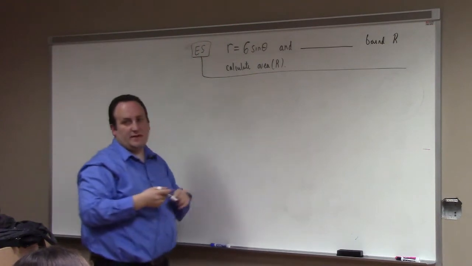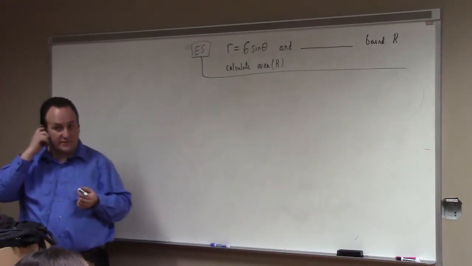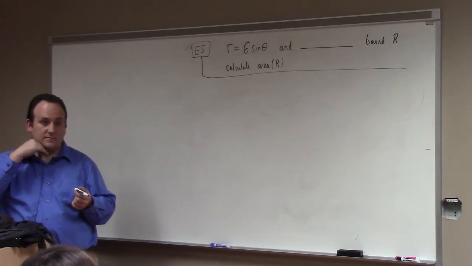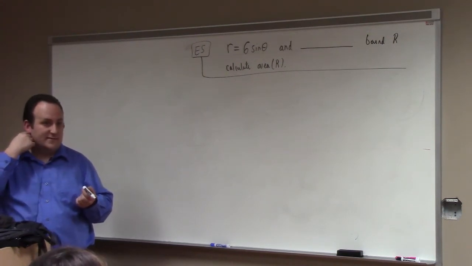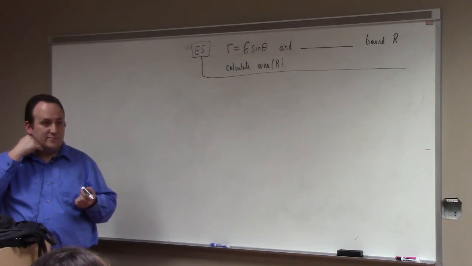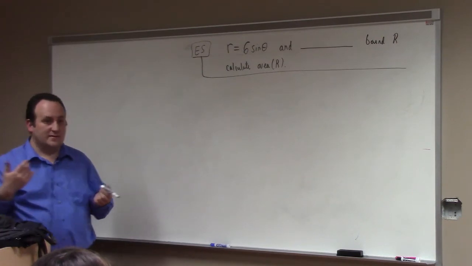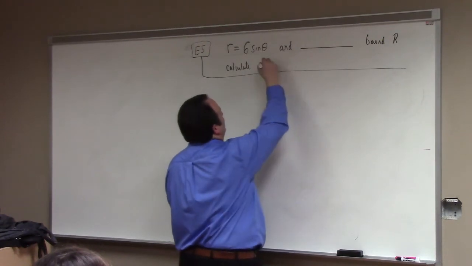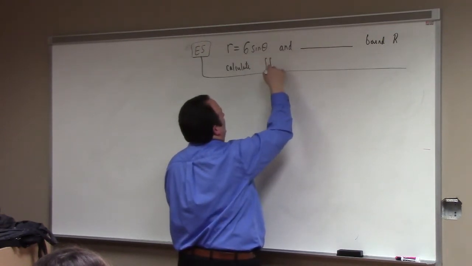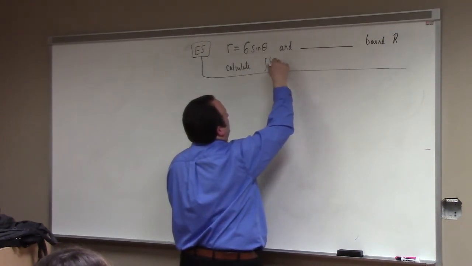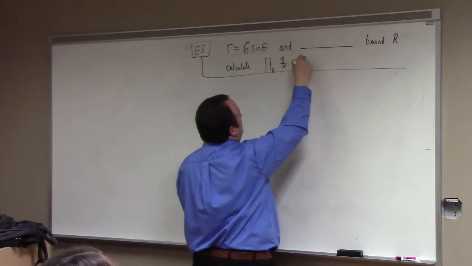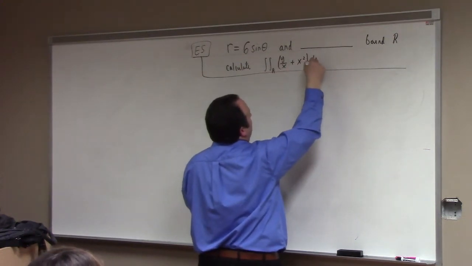Now, strictly speaking, you did some of these problems in calculus too, right? Yes, you did. But they appear again here. I guess to make it more interesting, instead of area r, I'll say calculate the integral over r of, I don't know, y over x plus x squared dA.